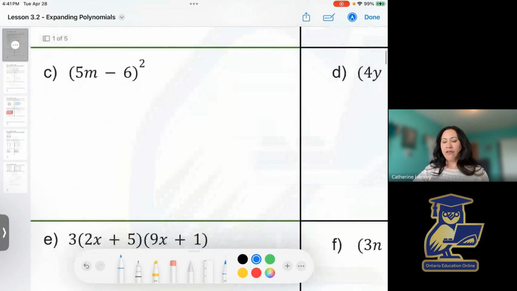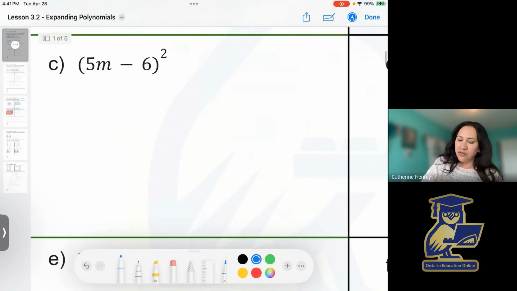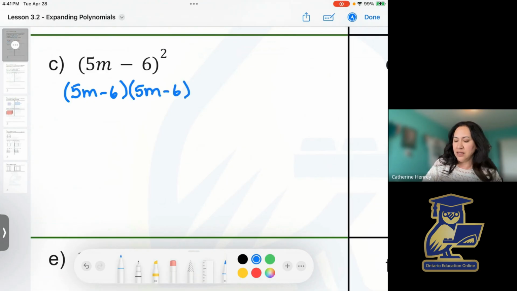So here we have 5m minus 6, but we want to square it. So let's go ahead and rewrite this. What would this look like? Squared, remember, is one thing times itself twice. So this is really 5m minus 6 times 5m minus 6. Then we can do our first, outer, inner, last. 5m times 5m is 25m squared.